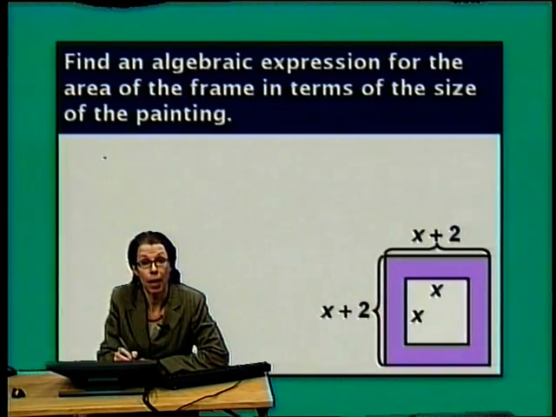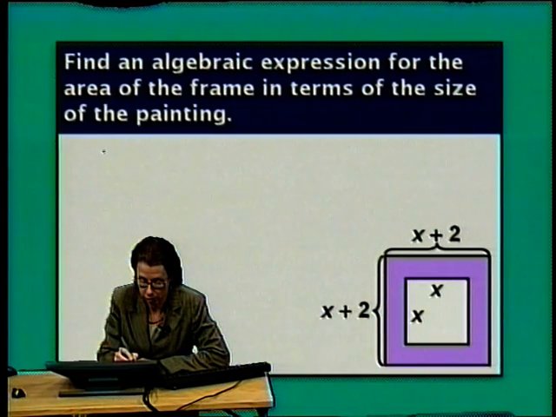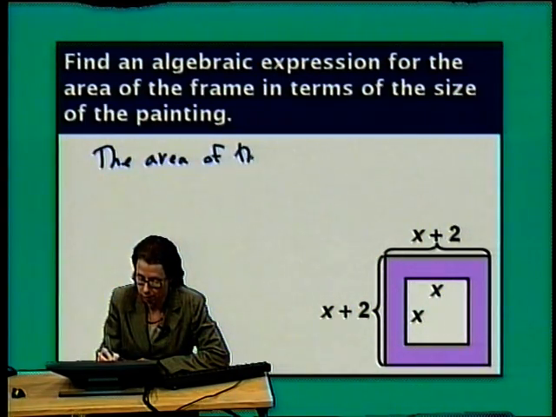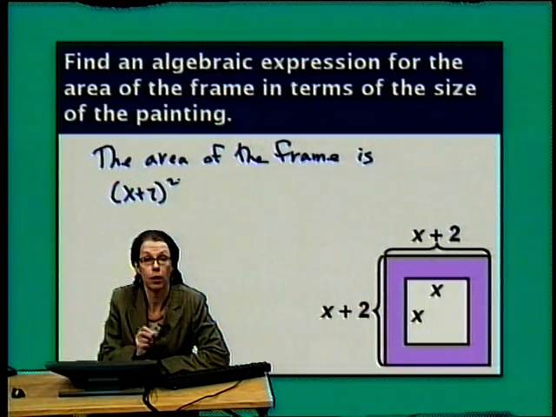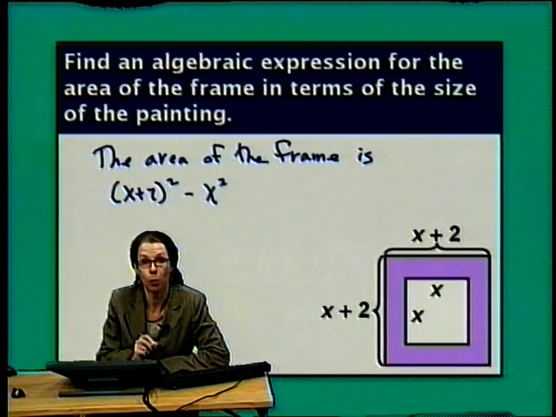I'm going to take the area of the outer square, which in this case is x plus 2 quantity squared, and I'm going to subtract the area of the painting, which is the inner square, which is x squared.